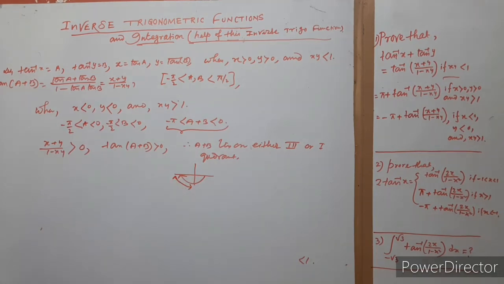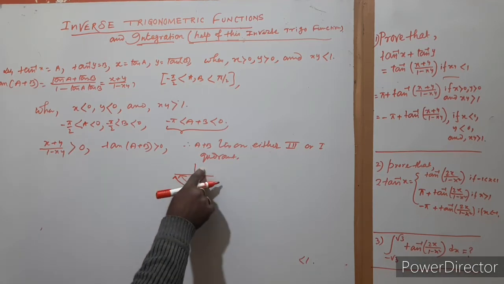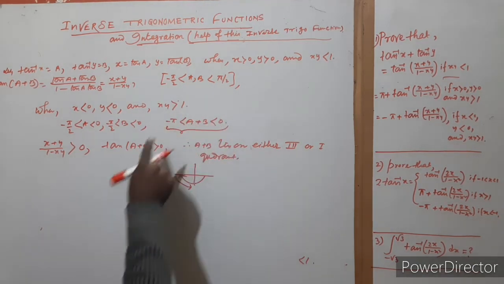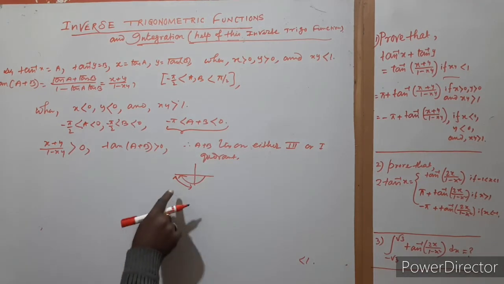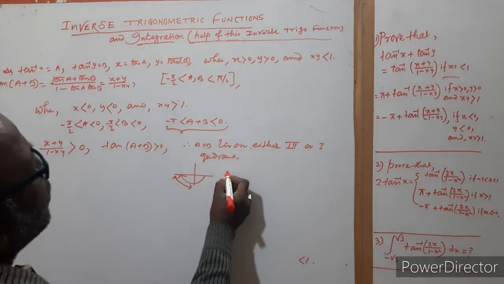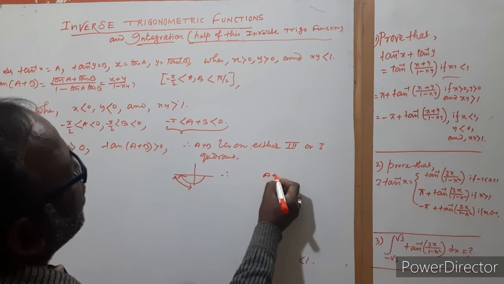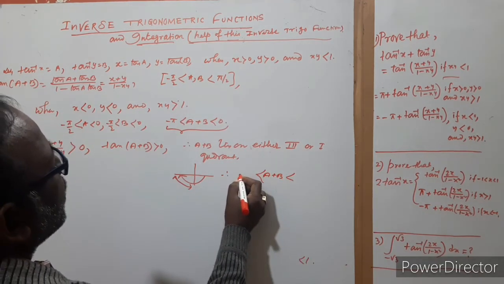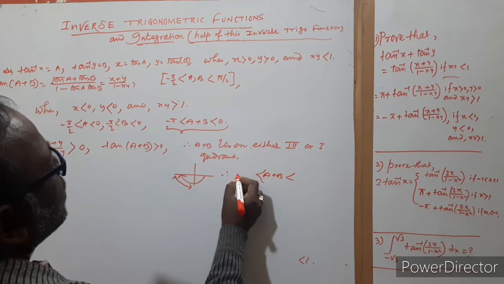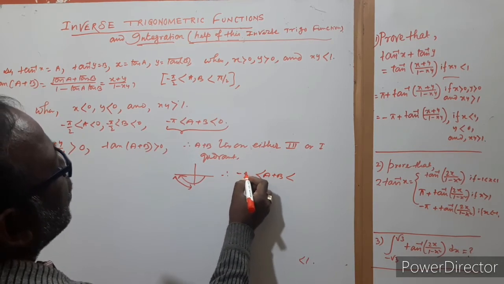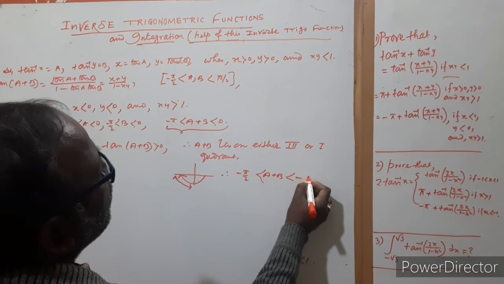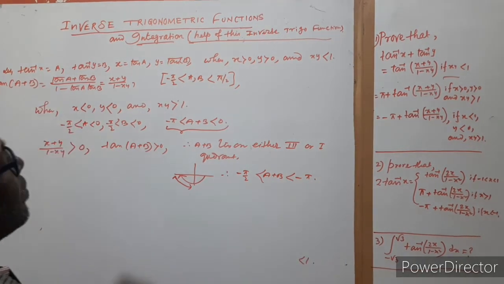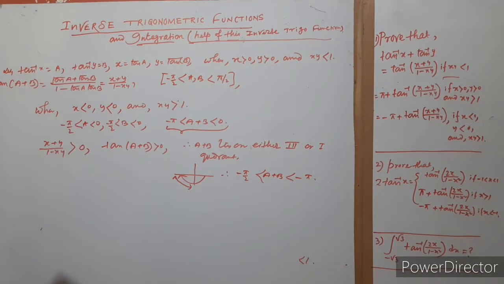We don't get any region in the first quadrant according to the interval here. So it is only the third quadrant. Therefore, a plus b lies between minus pi by 2 and minus pi.